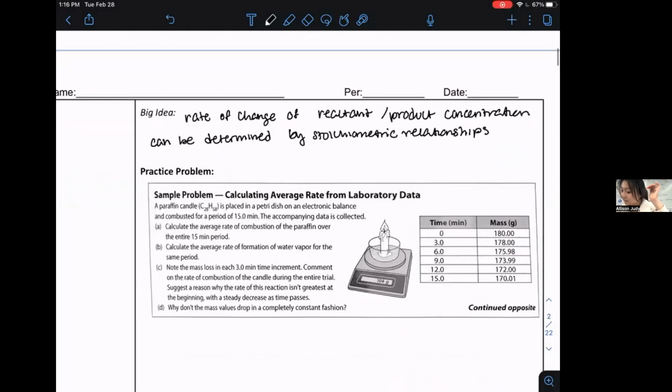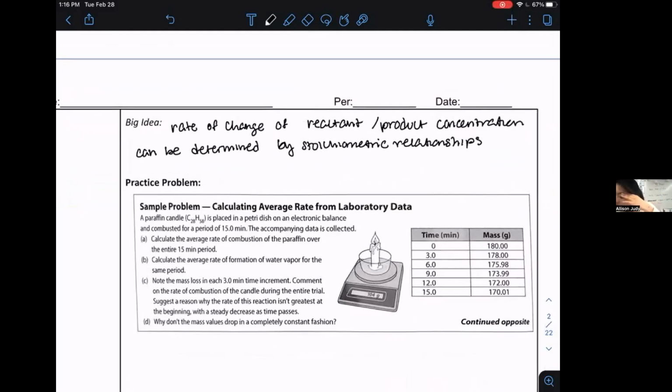So here we have paraffin candle C28H58. That's a hydrocarbon, FYI. Don't forget your hydrocarbons. That's a CH-only molecule. We place it in a petri dish, put it on an electrical balance, and combust it for 15 minutes. The accompanying data is collected.